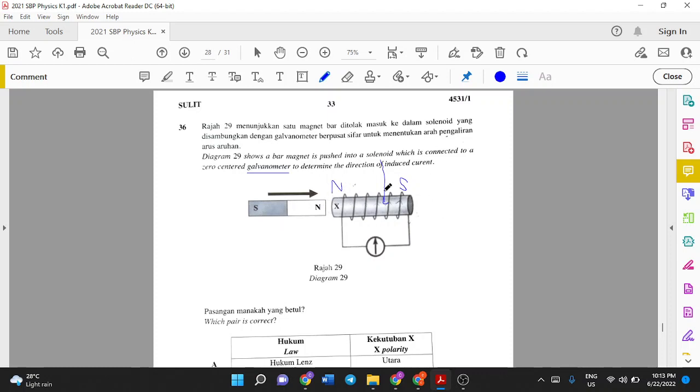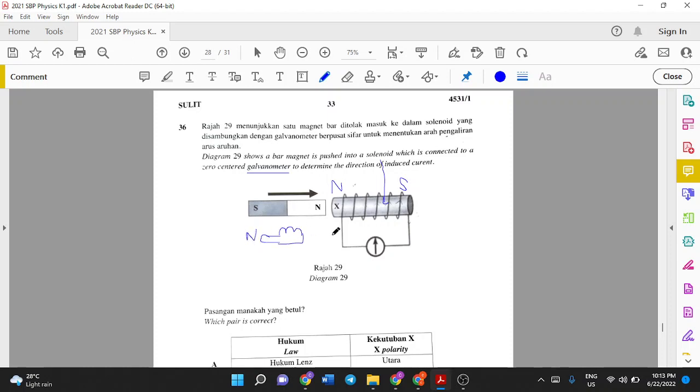So the induced electric currents will tend to oppose the motion of the magnets that caused the currents to be induced, right? So the N will oppose the motion and repel the magnet. We just use the right hand grip rule.